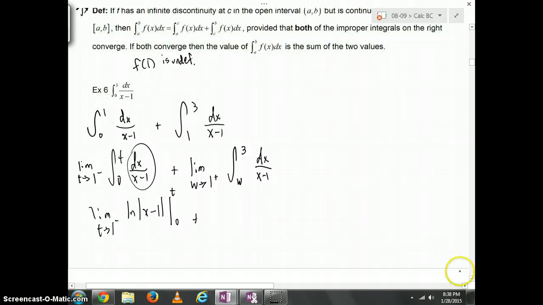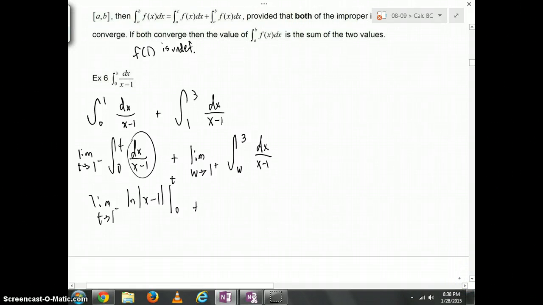Now, maybe you'd like to just pause on that for a moment, because let's see what's about to happen. As I apply the fundamental theorem, I'd get the natural log of t minus 1 minus the natural log of 0 minus 1. And don't forget, this is still a limit. The limit is t approaching 1 from the left.